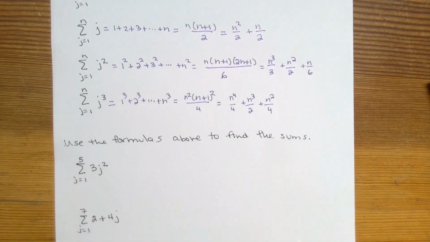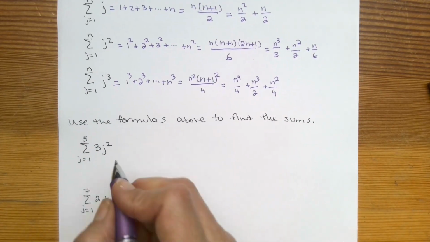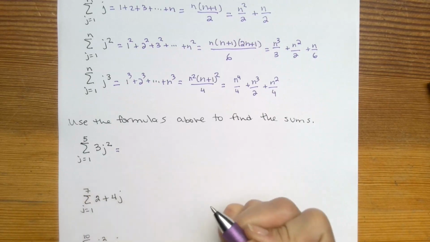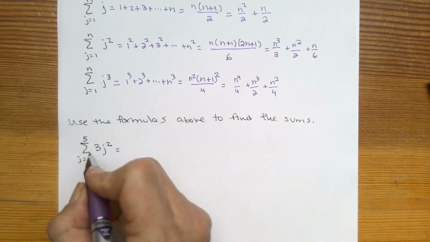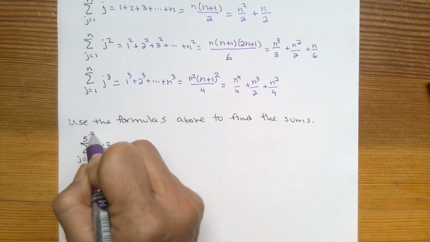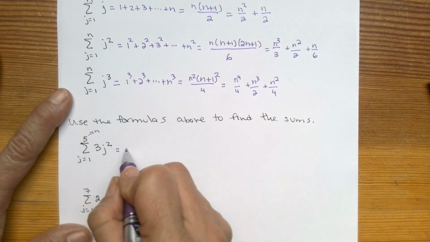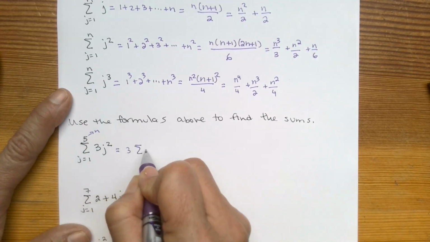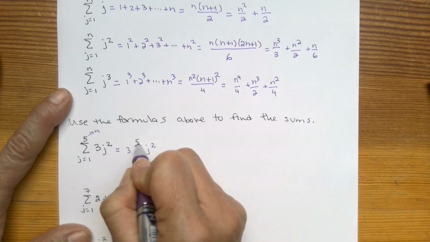Okay, so let's use those formulas to find these three sums. So I'm summing up 3j squared from j equals 1 to 5. So again, this 5, that is our n value. So we can move the 3 out front. And now we're summing up just j squareds from 1 to 5.